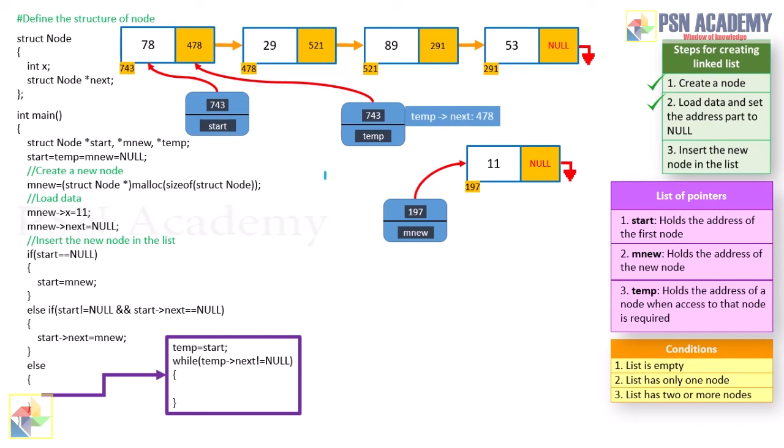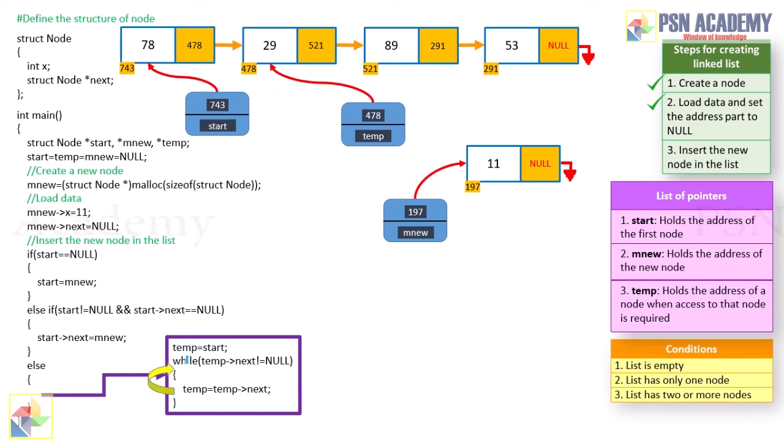That means it's not null. So you store this 478 inside temp. You write like this, temp equal to temp arrow next. When you write this, the 478 has been copied to temp and the figure goes like this. The temp is now pointing to the second node here.